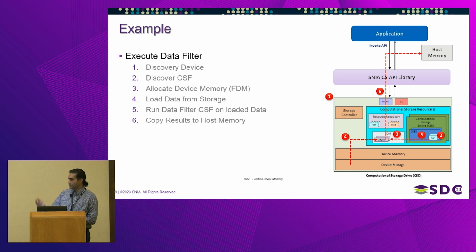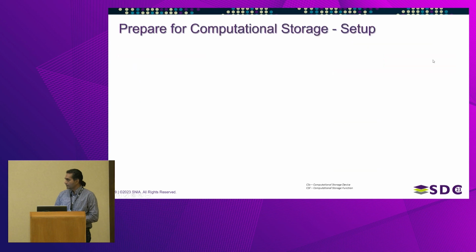So the first one would be, as shown here, we go around discovering your device, discovering your CSF, allocating some memory on the device, loading some data from storage into the device memory or FDM, and then running the CSF or executing the CSF on the data that was loaded, and then copying these results back to the host.